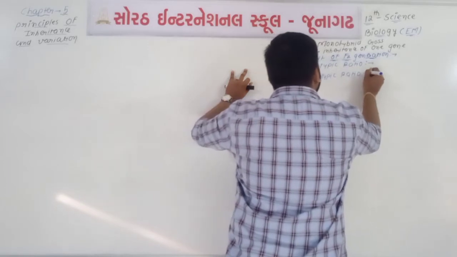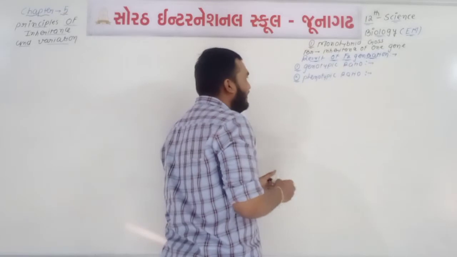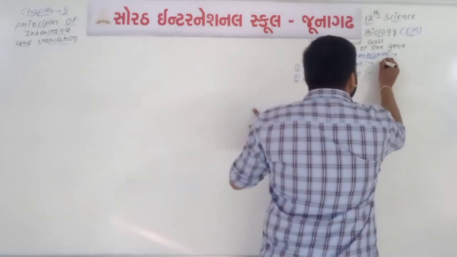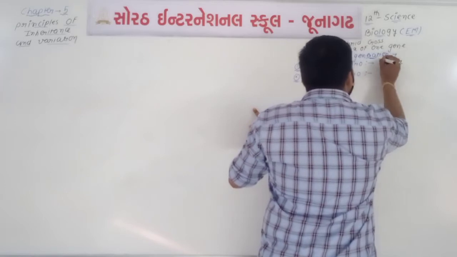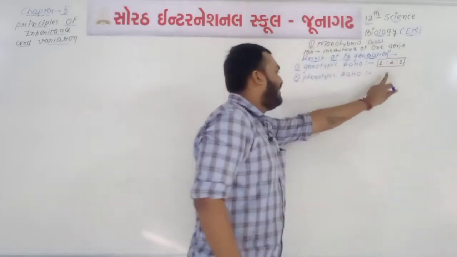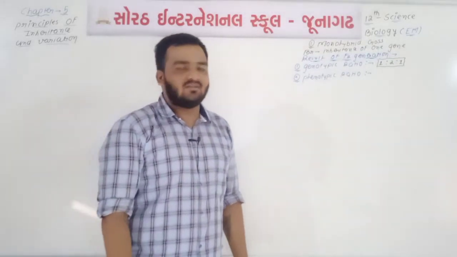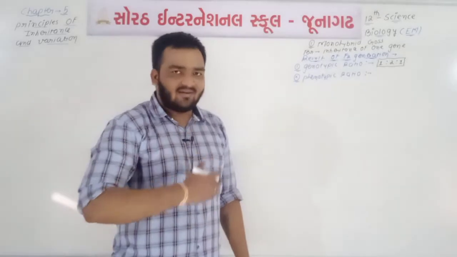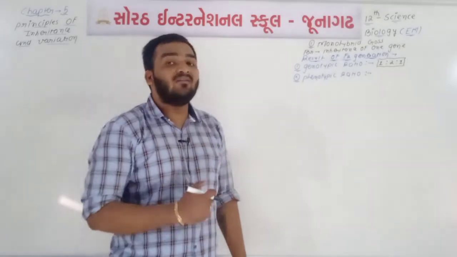You will remember the genotypic ratio is 1:2:1, which means 1 capital T capital T, 2 capital T small t, and 1 small t small t, that is 25%, 50%, 25%, or 1/4, 1/2 and 1/4.